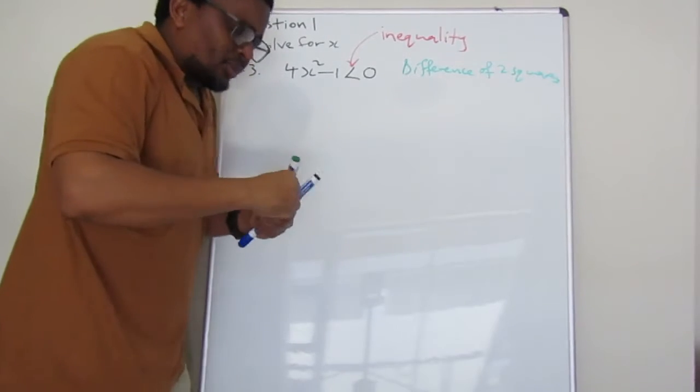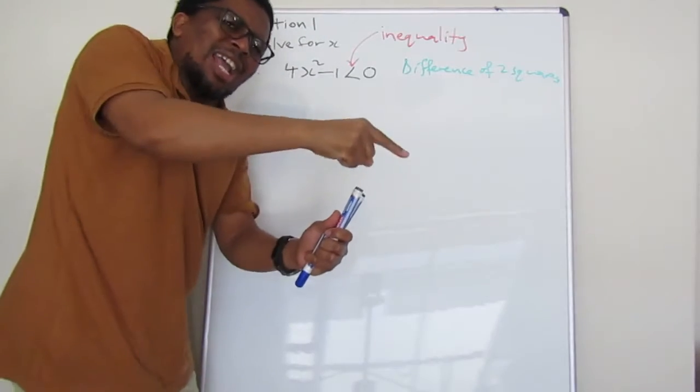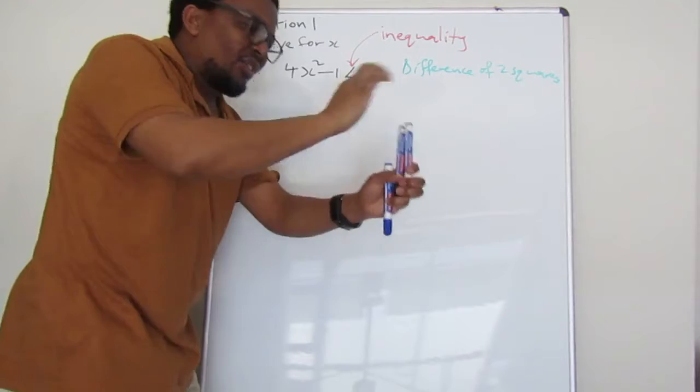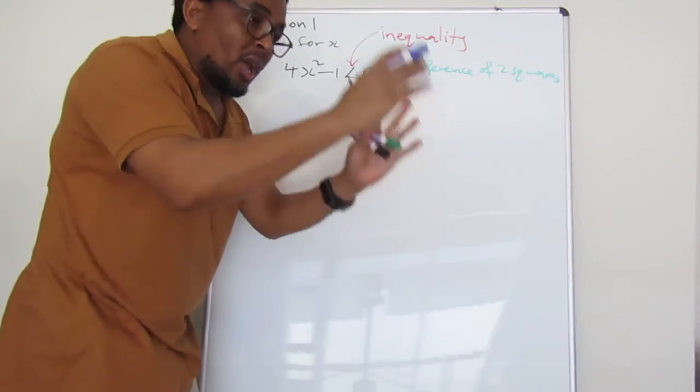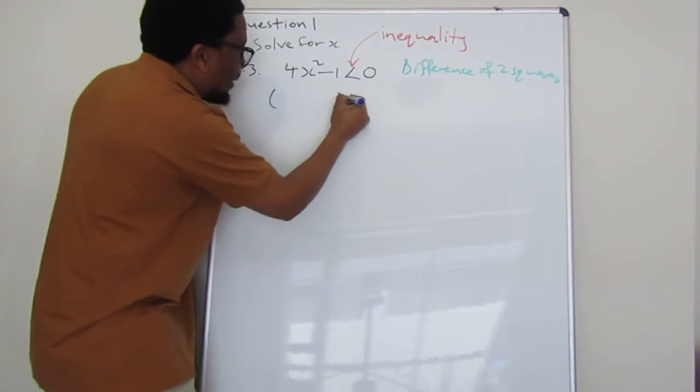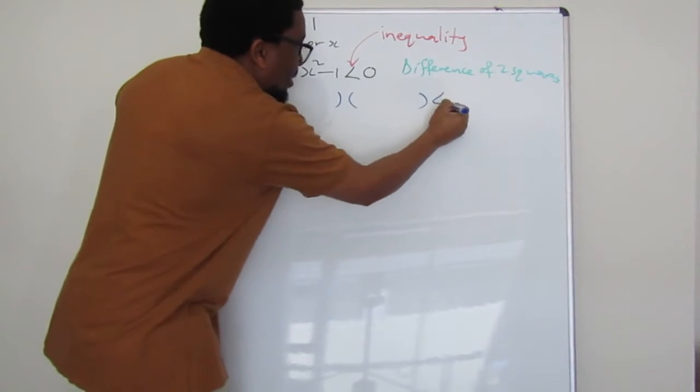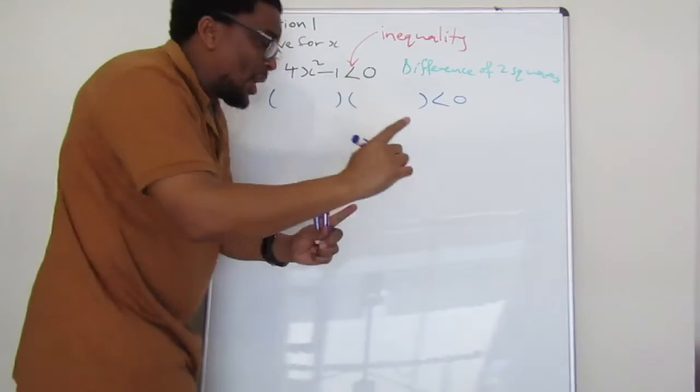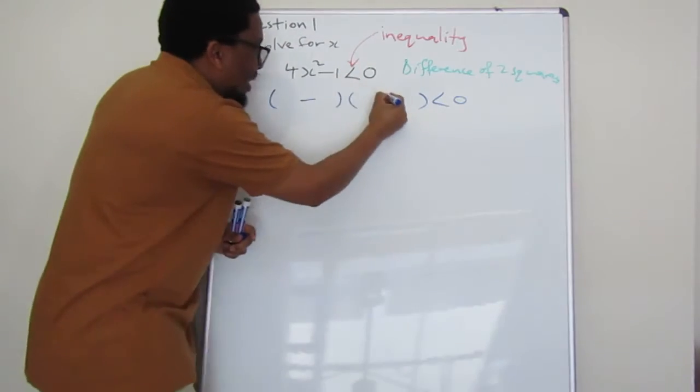Now, what do I do when I have a difference of two squares? Don't even think about it. You just go in there, you put brackets first. Then second, put different signs immediately.